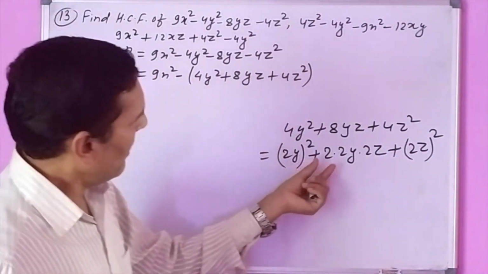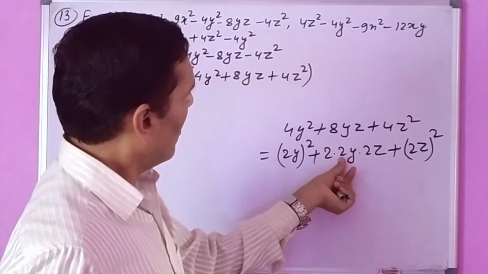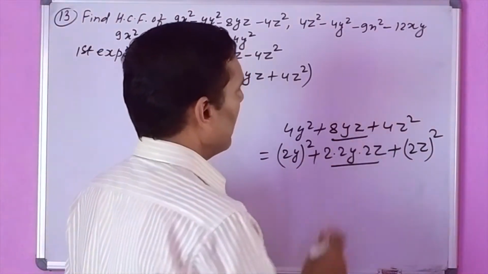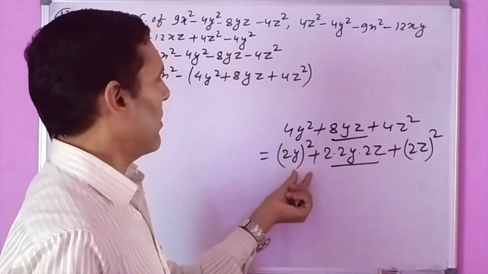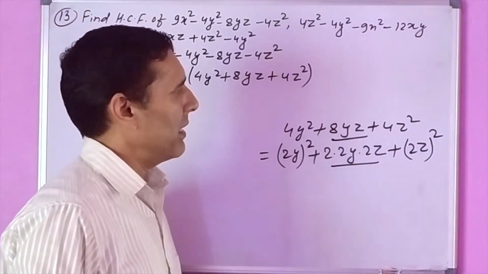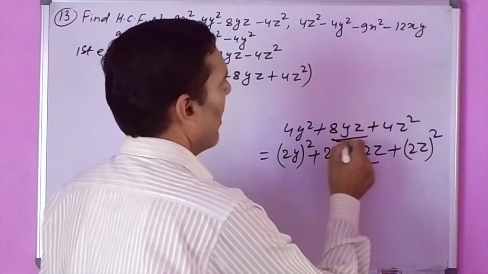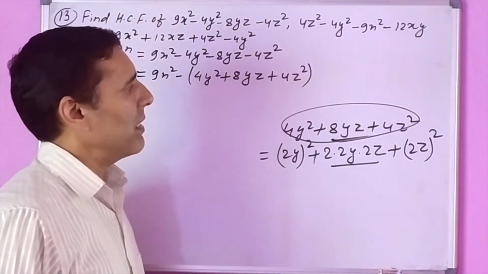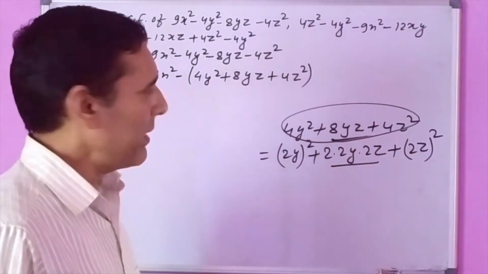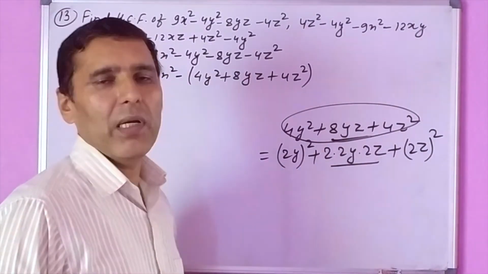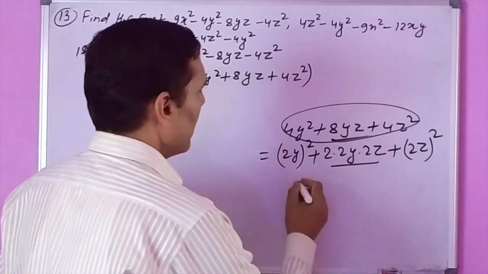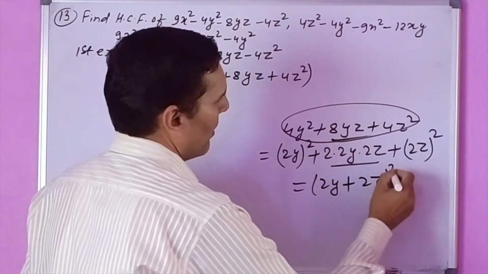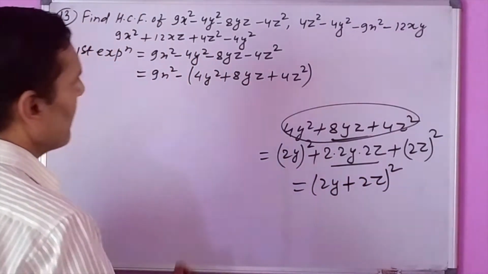If you see here, 2 times 2y times 2z gives 8yz, and this is 2y whole square, 4y square, 2z whole square, it is 4z square. That means this expression 4y square plus 8yz plus 4z square is completing the square. It is in the form of a square plus 2ab plus b square, which is a plus b whole square, 2y plus 2z whole square. You can write like this.